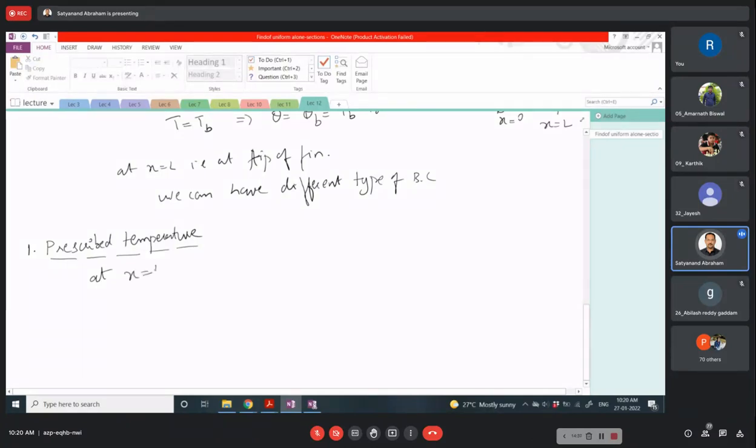At x is equal to L, we are saying theta at L is equal to theta L. Like at x is equal to 0, we said theta B, likewise at x is equal to L, we are calling it theta L. So that is the second boundary condition we have.